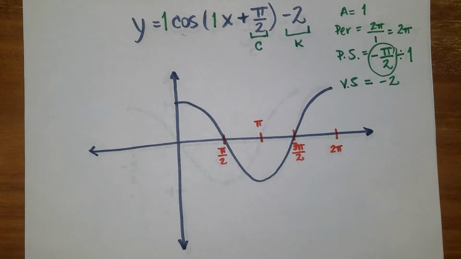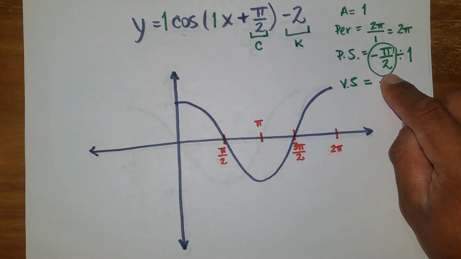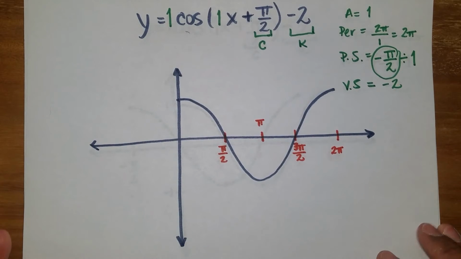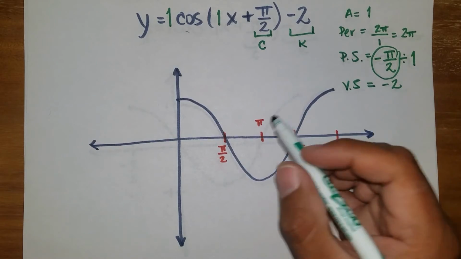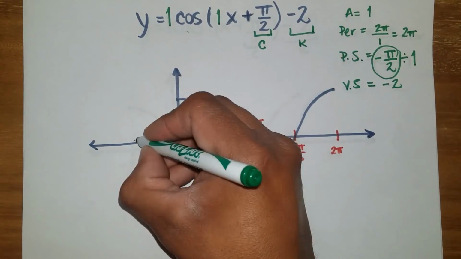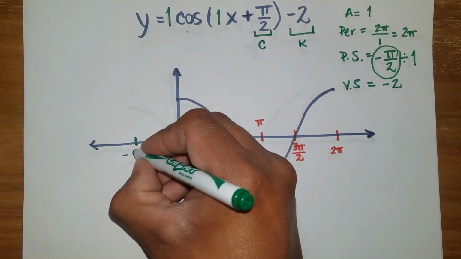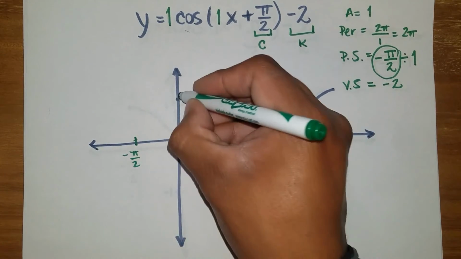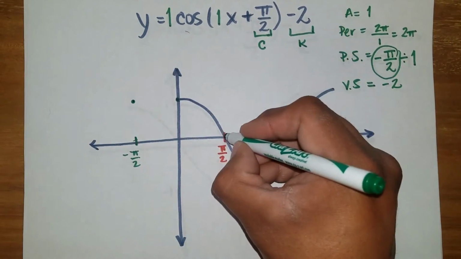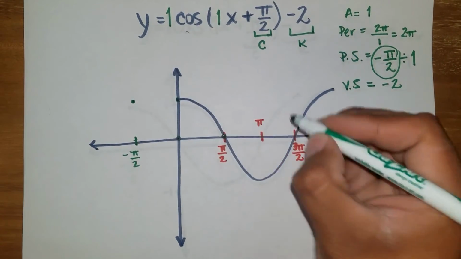Next we're going to draw the same graph, but we're going to include the phase shift. Notice how the phase shift is negative pi over 2. Here we're going to go to the negative part of the x-axis. We're moving the graph over pi over 2 to the left.